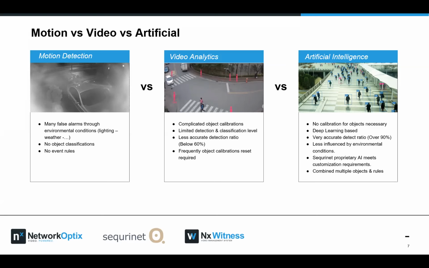You get less influenced by environmental conditions like challenging lighting conditions at night, or heavy rain or snow, etc. Through our proprietary AI, we can do a lot of customization, and we can combine multiple rules and object detections, which makes it a quite intelligent system to filter out the data that you really want to get to.